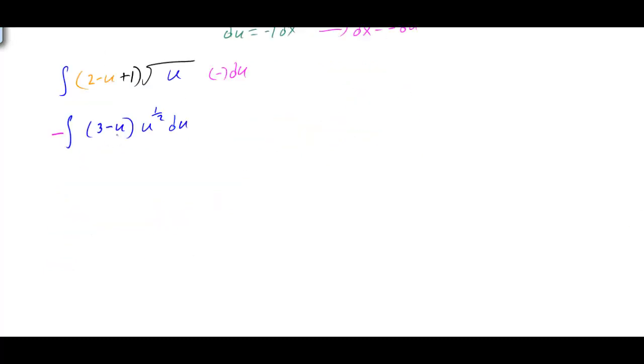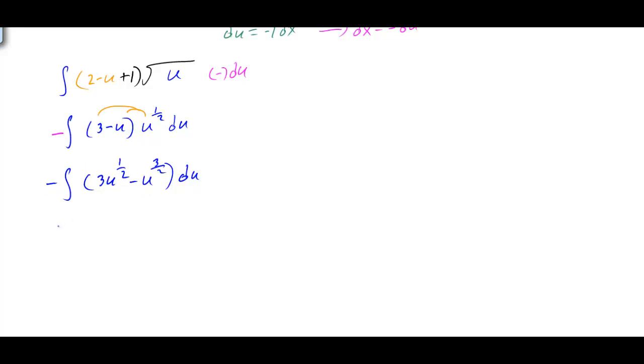And now I'm going to distribute the u to the 1/2. And we don't want to forget to bring down our negative on the outside, so we would have then 3u to the 1/2 minus u to the 1 plus 1/2, which would be 3/2. And now we can simply integrate each piece individually.